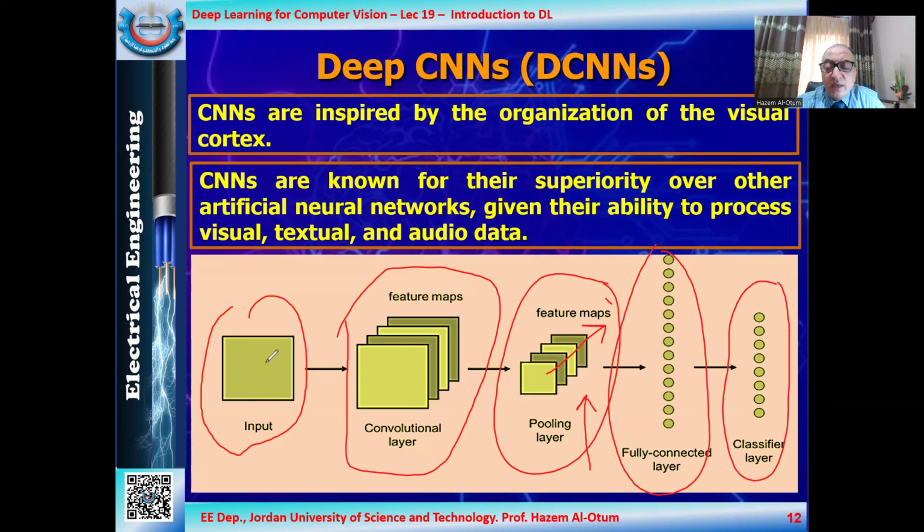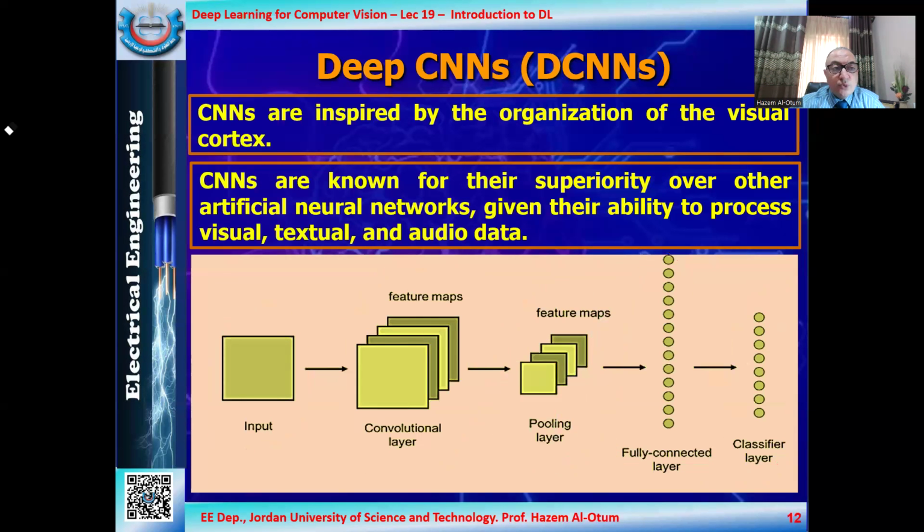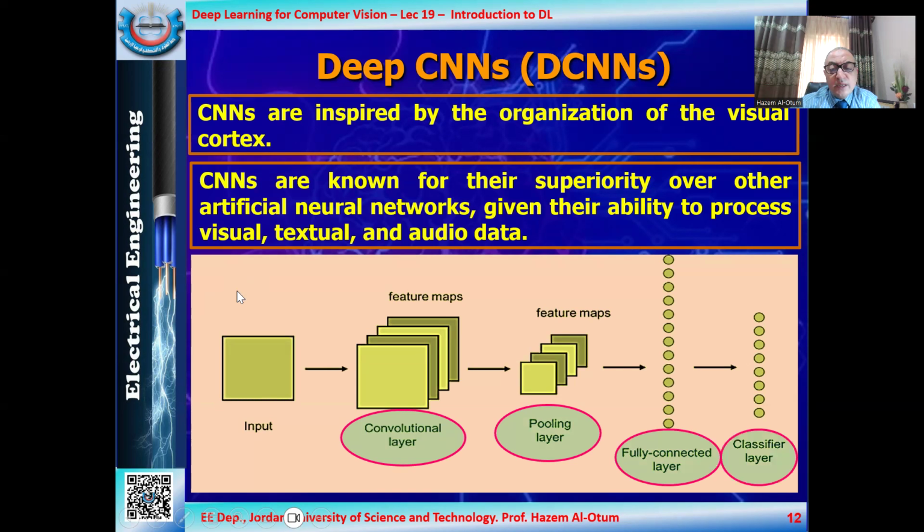For example, if we have a classification task, we add a classification layer in the form of a softmax layer, though other techniques can also be used. This is mainly the CNN and how it is constructed in simple words. As we have seen, we have four major parts: the convolution layer, the pooling layers, the fully connected layer, and the classification layer.